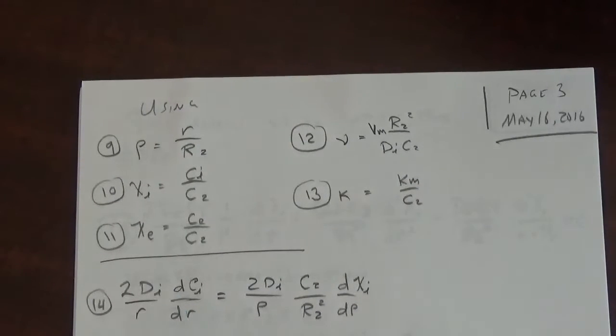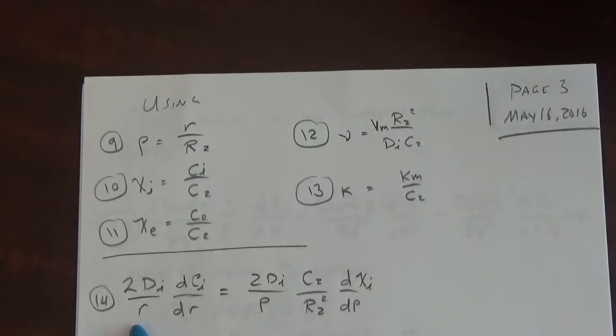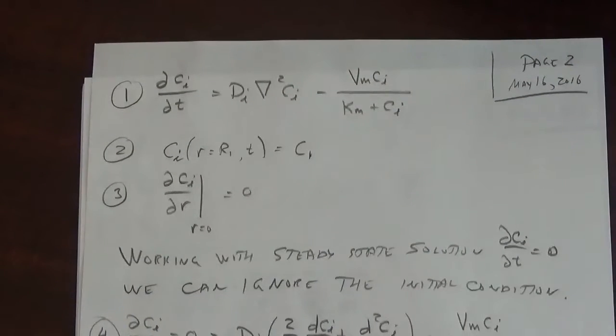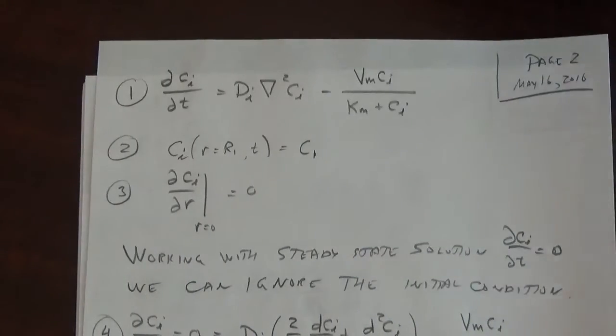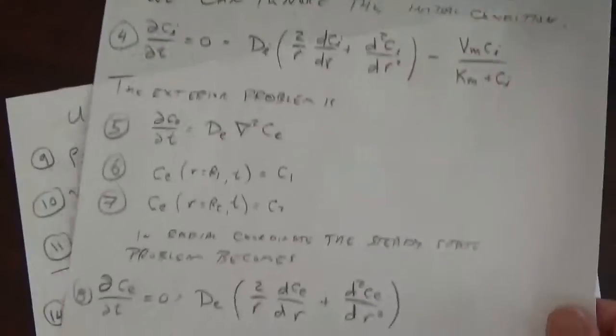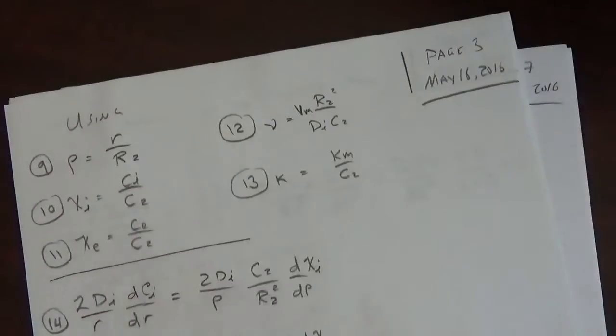And then over the course of this next set of equations, we're solving for the individual terms that go into our ordinary differential equations here, equations 4 and equations 8.